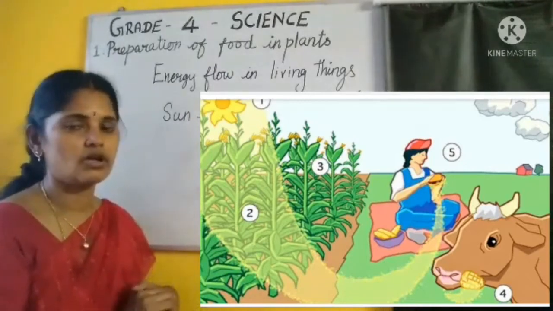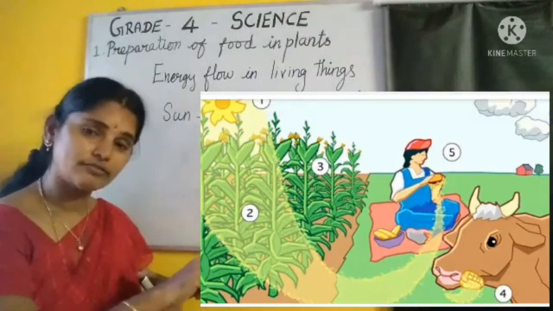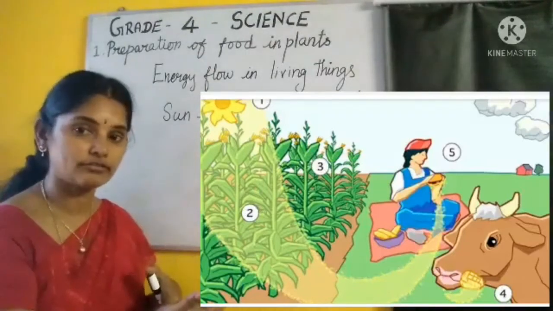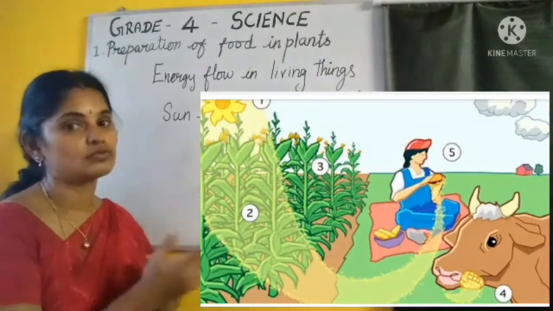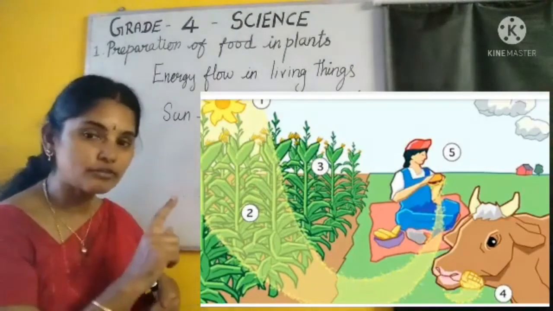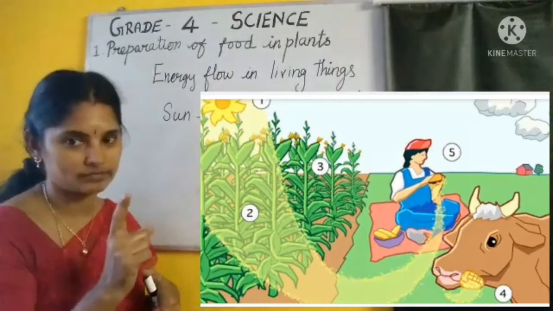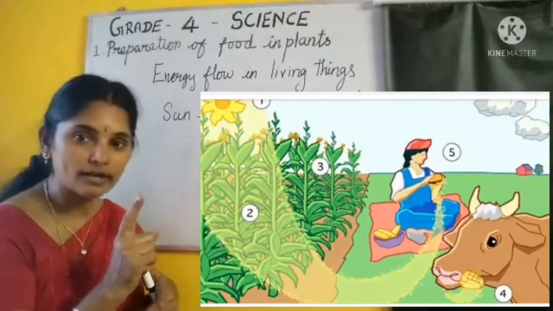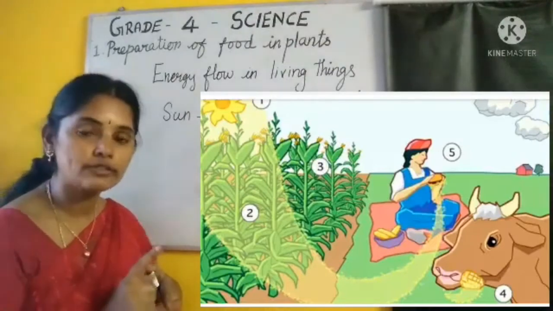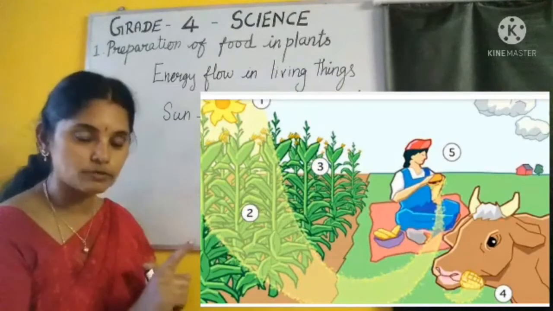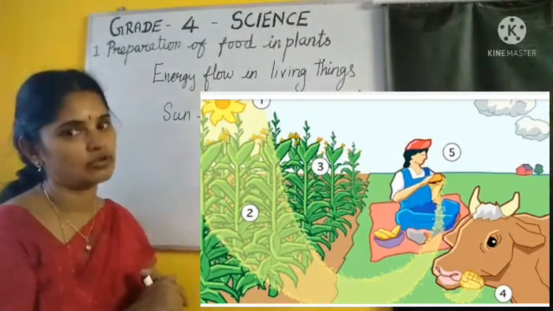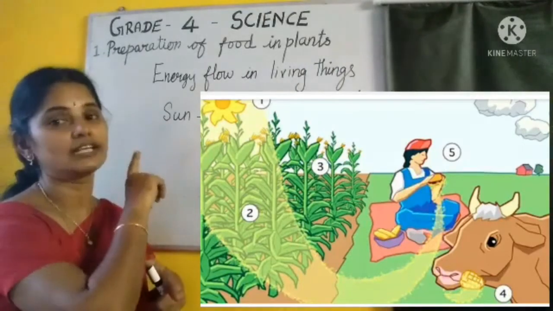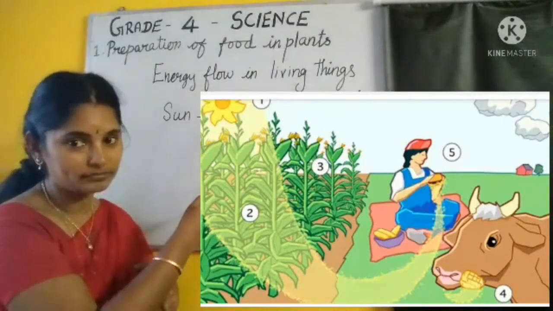Okay. So from where are the plants taking the food? How are the plants preparing the food? Plants prepare the food in the presence of sunlight. Yeah, photosynthesis process. Am I right, children? Yes, plants prepare the food in the photosynthesis process, that is in the presence of sunlight. So from the sun, energy flows to the plant.